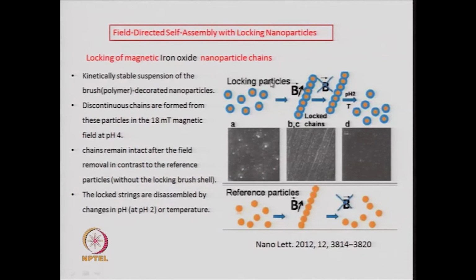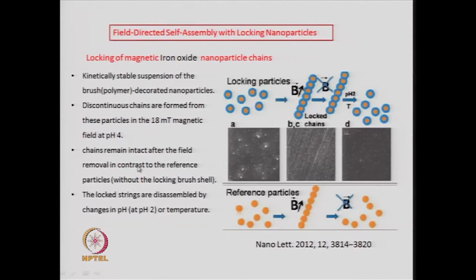When you have the polymer on top of the particles and you apply a field, it gets aligned. When you remove the field, the particles are still aligned, and then if you want to disturb this alignment, you change the pH or temperature, and then the particles will be disaligned. But if you remove the field, the particles are still aligned.